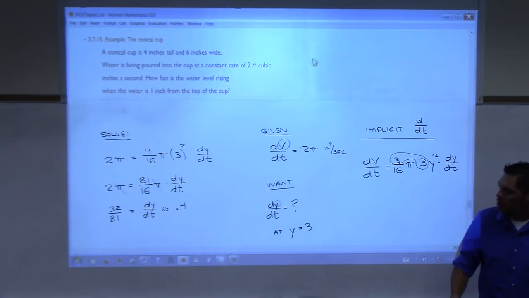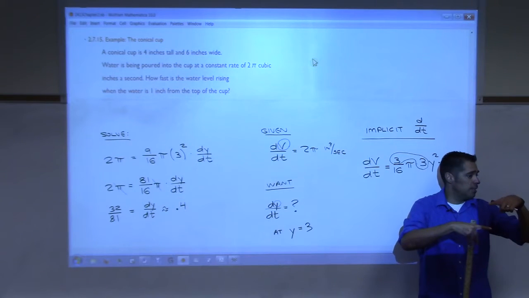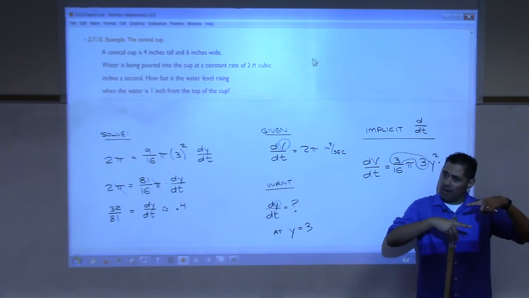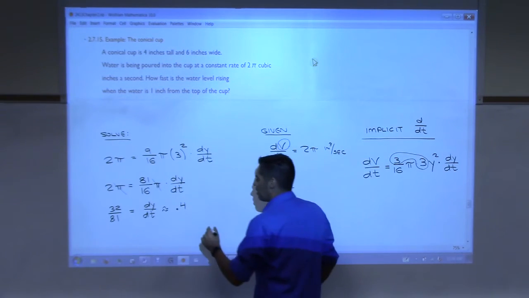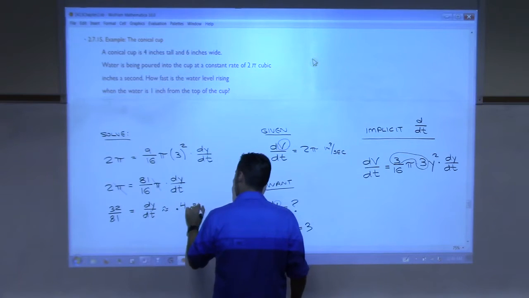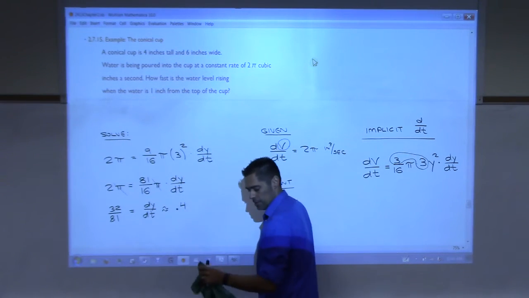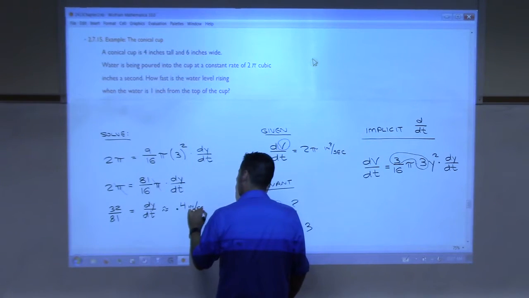We were doing dy dt. Y was the measurement of the height, wasn't it? Height was in feet or inches? It was inches, right? Inches per second. So it's approximately 0.4, I just put feet. Inches per second.